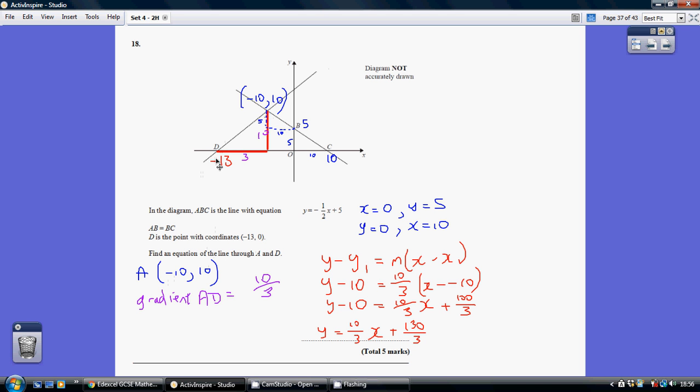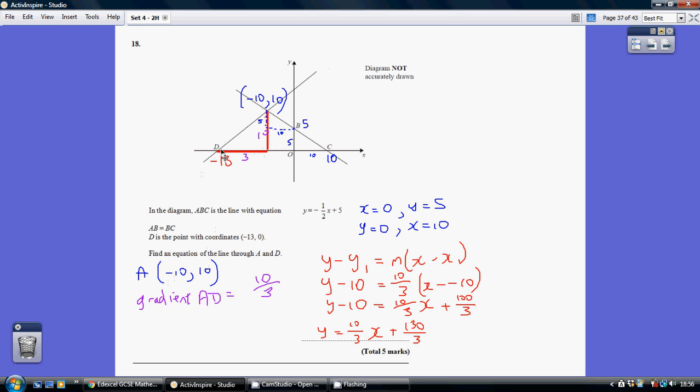So if I create this triangle here, which I've done in red, my y step, so the height of the triangle, is 10, because remember the coordinate of A was (-10, 10), and my x step, the length of the base of the triangle, is 3, because I'm going from minus 10 along the corridor to minus 13.